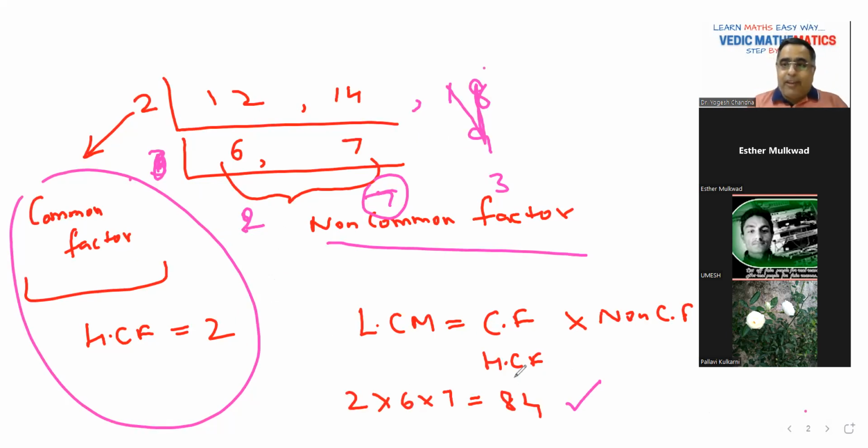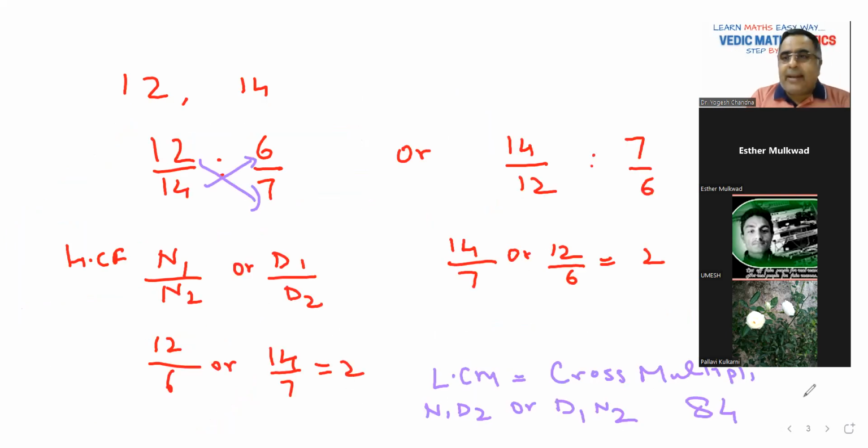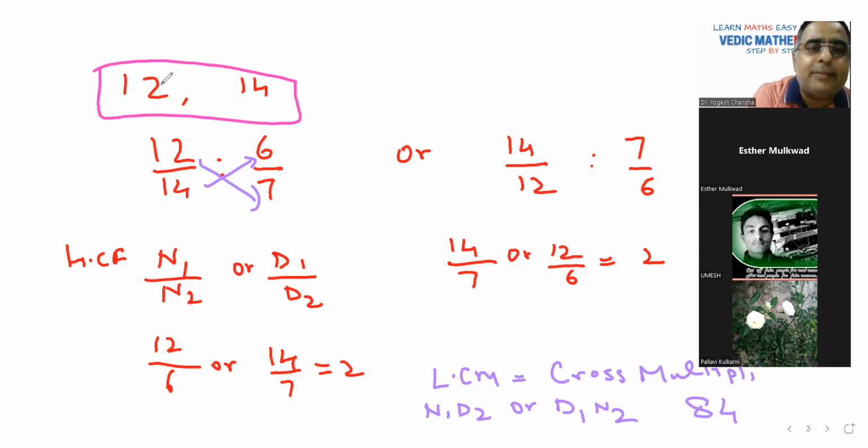Now we come to the Vedic mathematics method, which we have already done. In Vedic mathematics, we take the numbers in a ratio and reduce it to the minimum. We can take 12 by 14 or 14 by 12. If I take 12 by 14, the ratio is 6 by 7, correct?